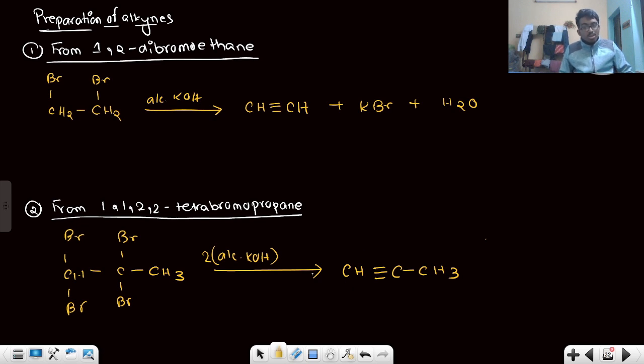So I am taking 2 moles of alcoholic KOH. So what exactly happens? Alcoholic KOH, you know, elimination reaction. I have taught you in the GOC lecture elimination reaction. So Br will be removed and adjacent hydrogen will be removed. Similarly this Br and one hydrogen from here. So ultimately this will form by elimination reaction. Br removed, bond formed, Br removed, Br removed. Here hydrogen is not available, so here bond will be formed in between. Clear?